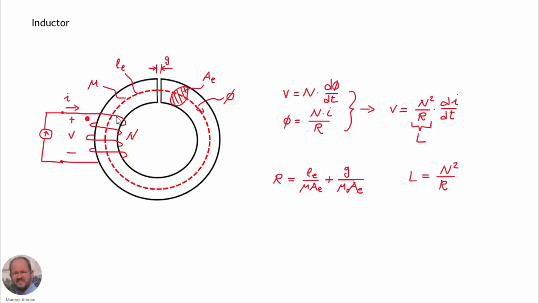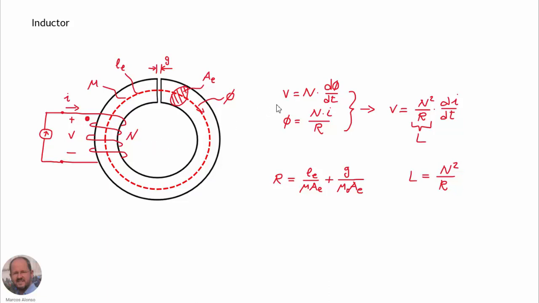So we put a winding on it with N turns, and then we make a current circulate through the winding. I have shown here a current source, but it can be also a voltage source with a series resistance or a series impedance or whatever. The important point here is that we have this current circulating through the winding, and then we are going to have a voltage across the winding.